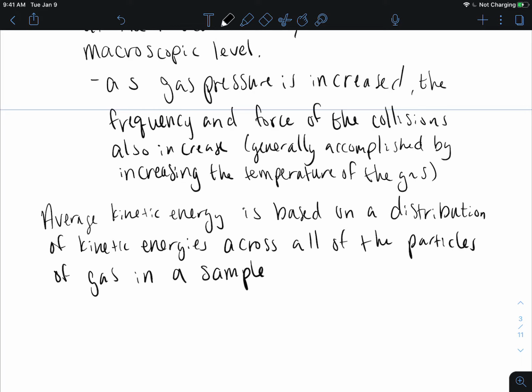Okay, so it's a distribution, right? And we can show this as a graph.